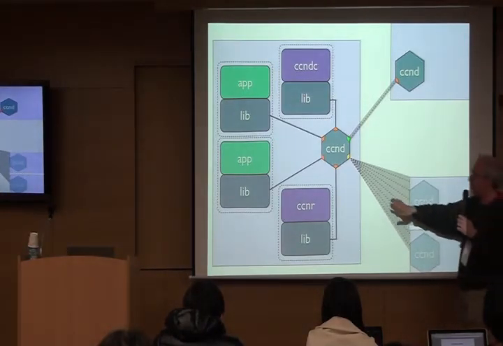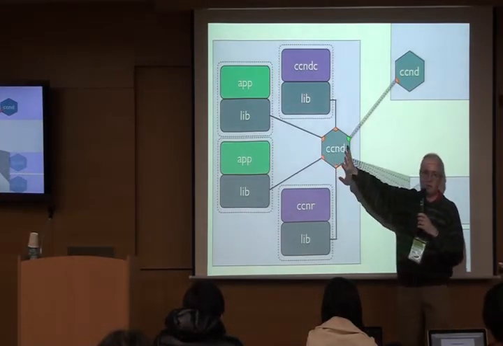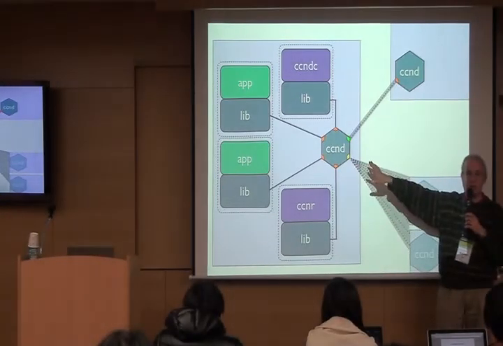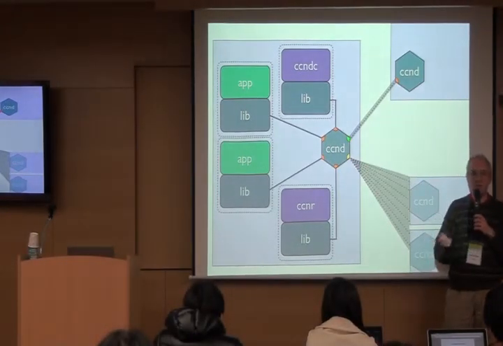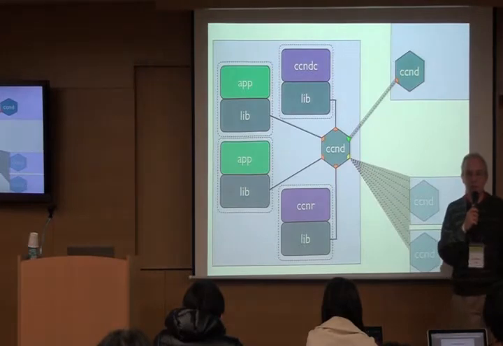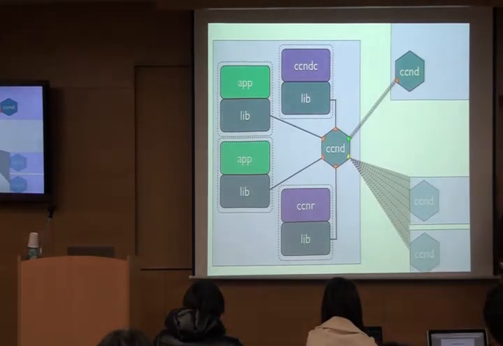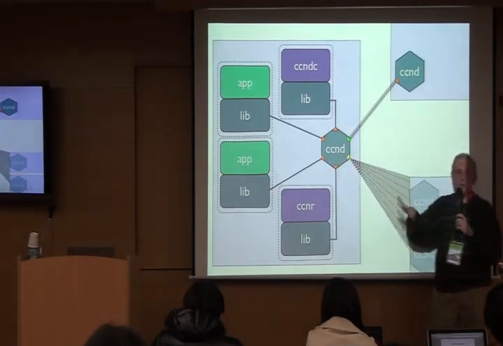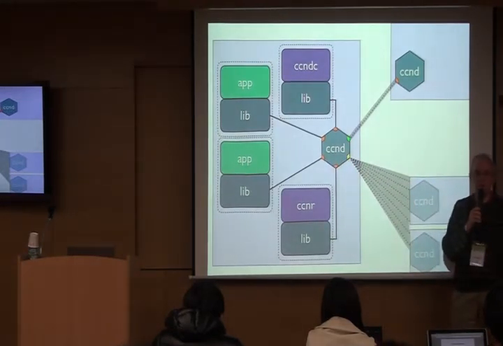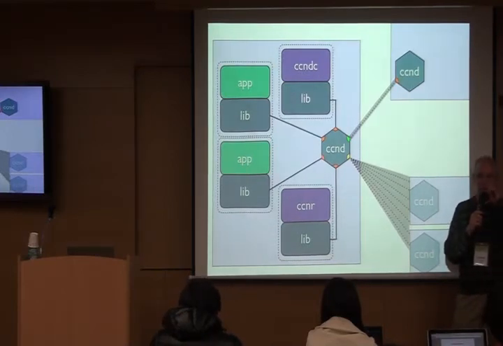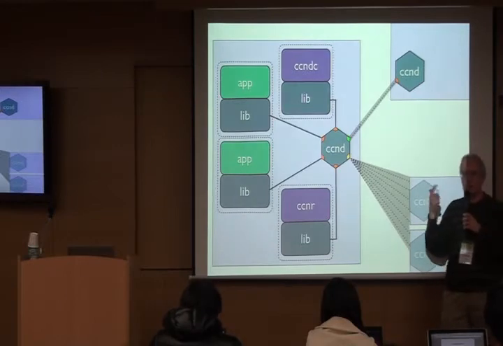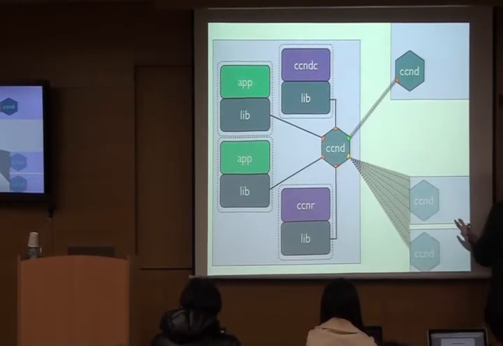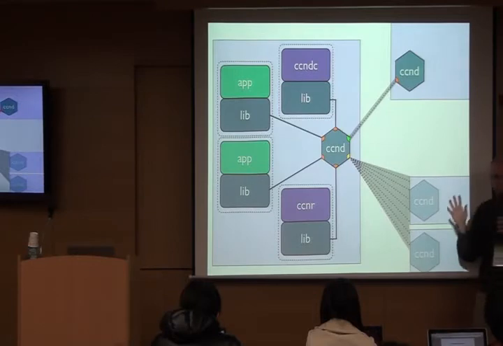And that gets into both issues of routing and issues of registration for the local apps, so that a local app can say to the CCND, here's a prefix for which I have content, which allows it to set something in the FIB so that when an interest comes in, it can forward it appropriately. But think of all of that stuff as operating at how the network functions to get you the data. And the applications don't know about nodes, about repositories, about CCND caches, none of it. They just ask questions.